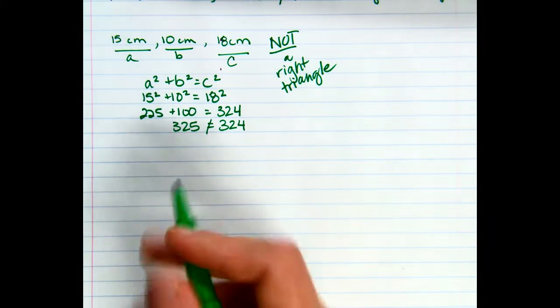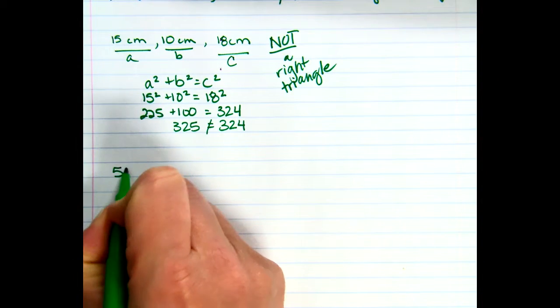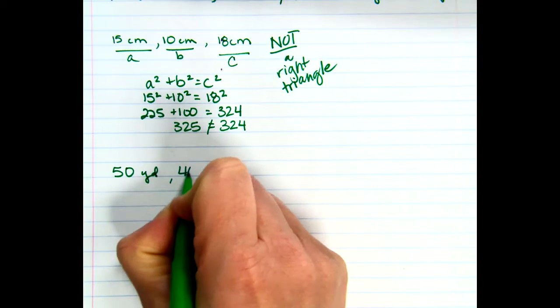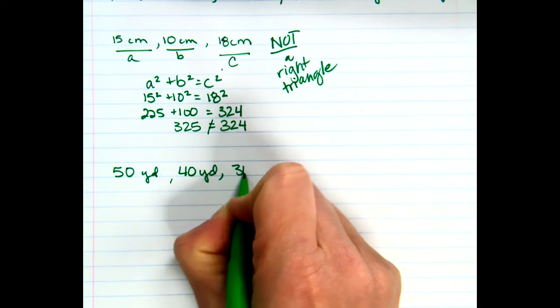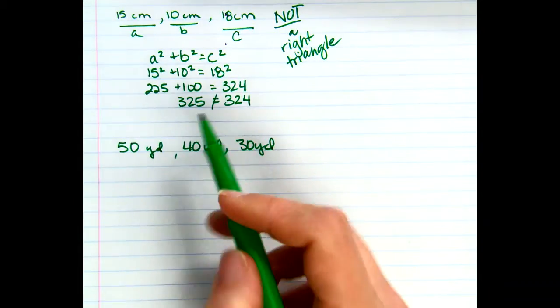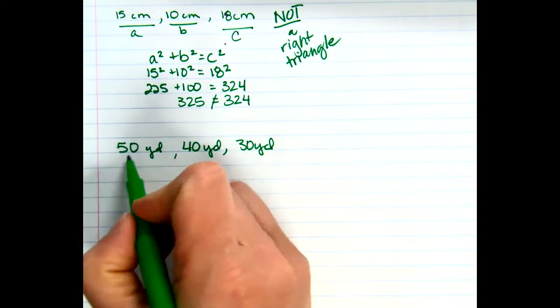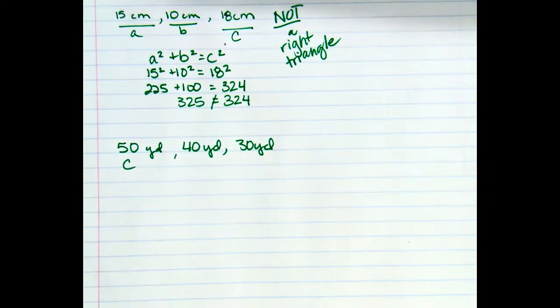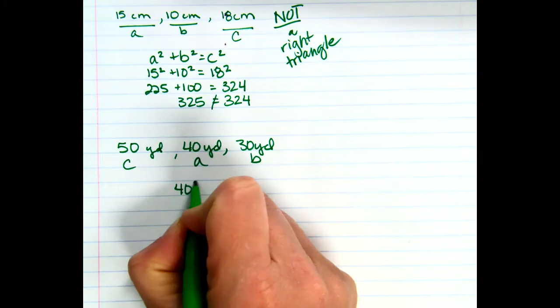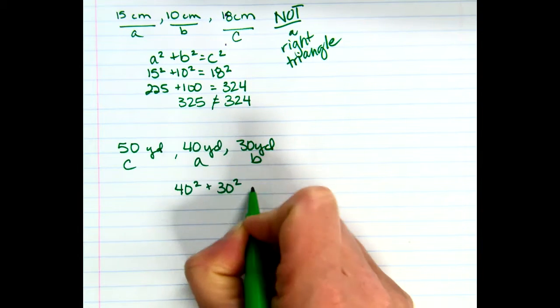Now, let's do one more example. 50 yards, 40 yards, and 30 yards. And I want to know, is this a right triangle? I would do the exact same thing. Look for your longest side, which is my 50 yards. That's going to be C. And then A and B are the other two. So 40 squared plus 30 squared.